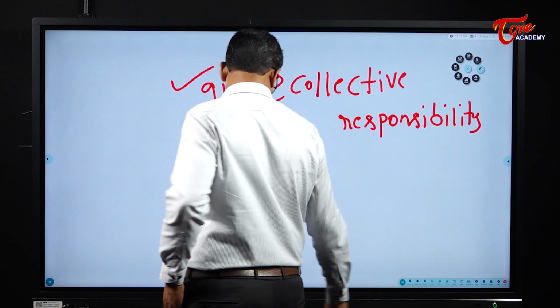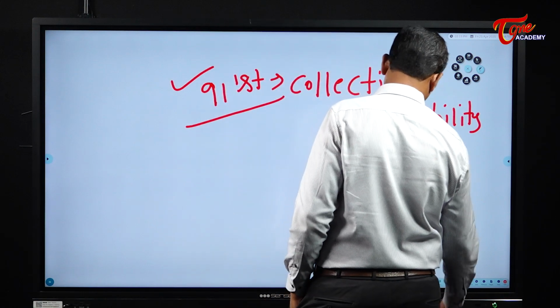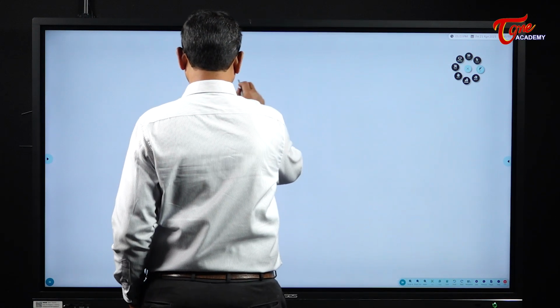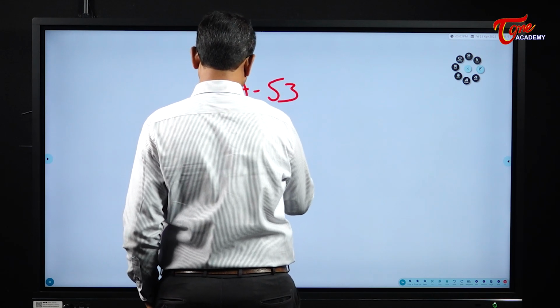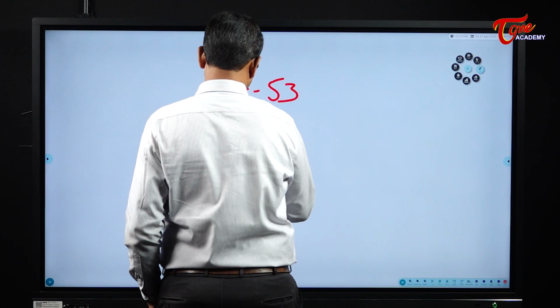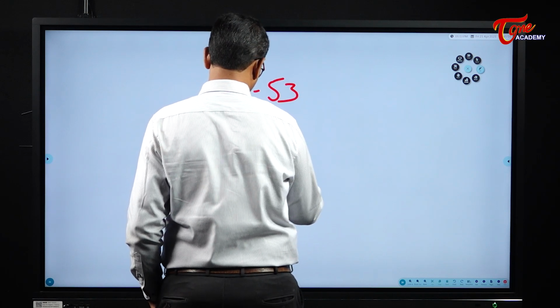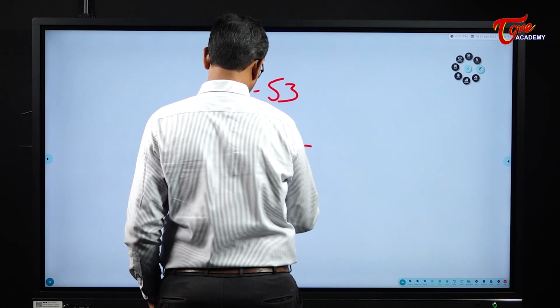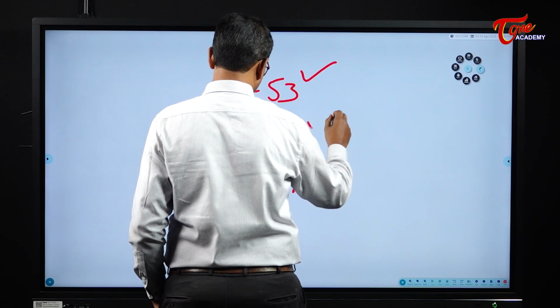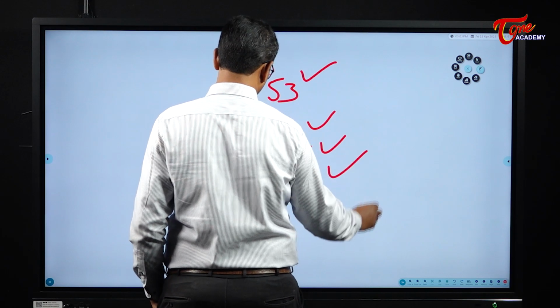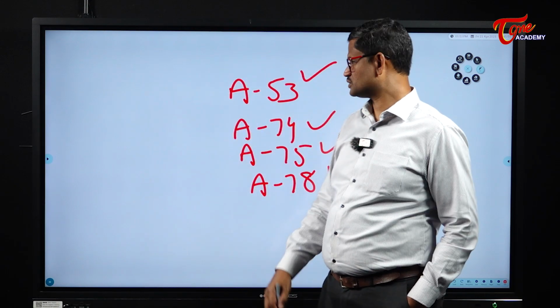Then in the Constitution of India, there is Article 53, Article 74, Article 75, Article 78. So these are the important articles with respect to the Prime Minister and Council of Ministers.